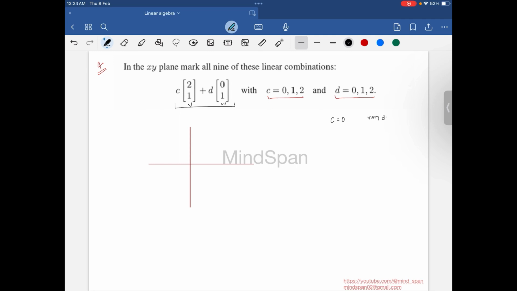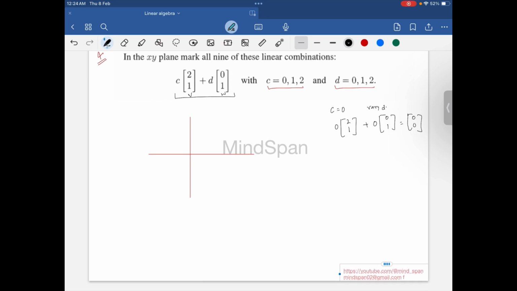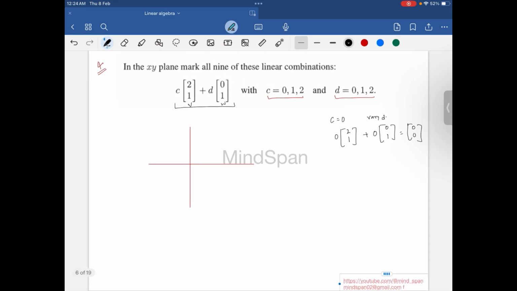So what we will be getting, c equals 0 times 2 1, plus we can pick d equals 0, so we will be getting 0 0 obviously, right? And c is fixed, so fix c equals 0 and vary this d.